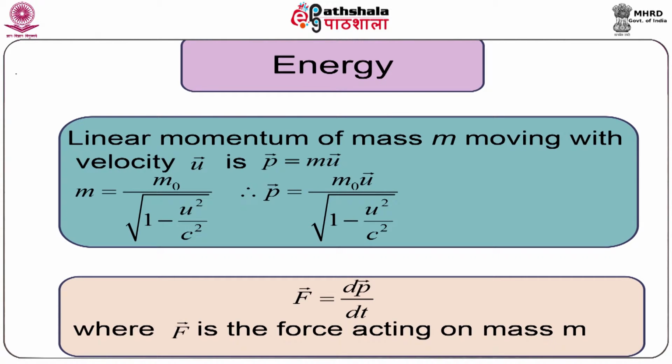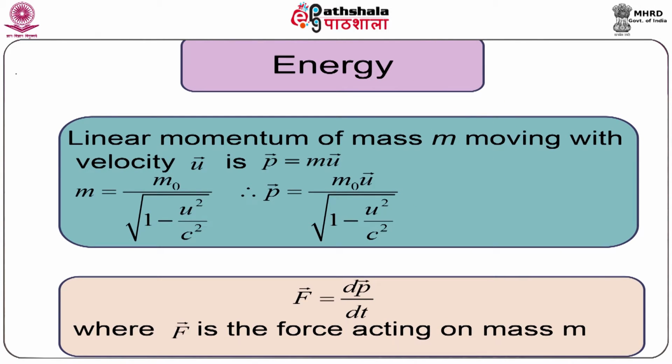Let us discuss the energy. We have already defined the linear momentum. The linear momentum of mass m moving with velocity u vector is given by p vector is equal to m into u vector, mass into velocity.